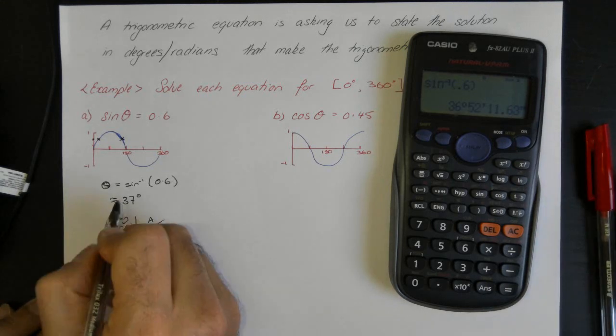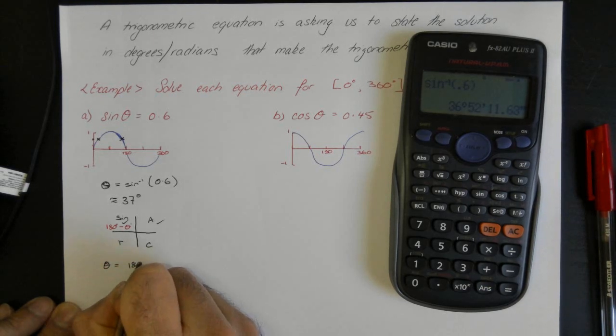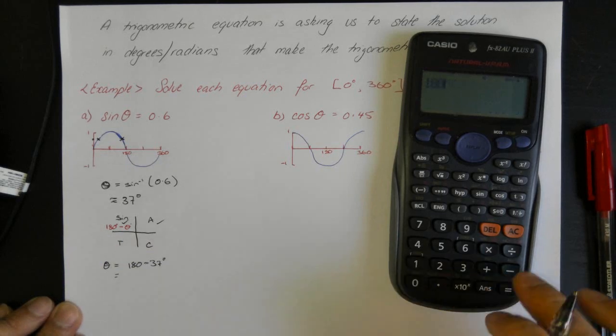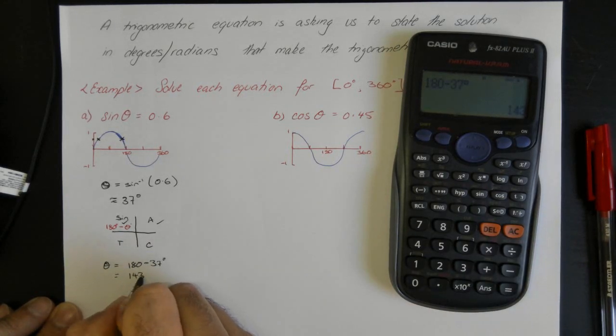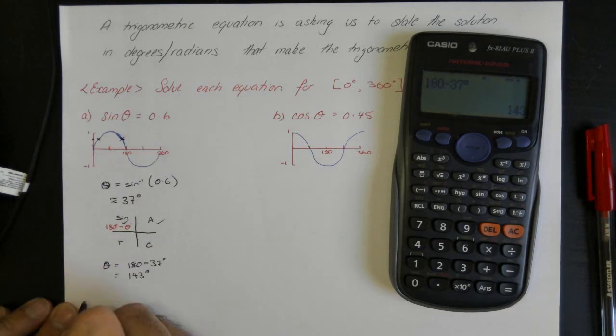So if theta was 37, the other solution is 180 minus 37 degrees, which is 143 degrees. So sine theta equals 0.6 when theta is 37 degrees or 143 degrees.